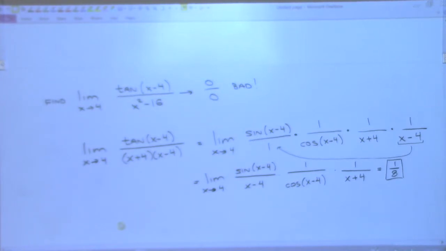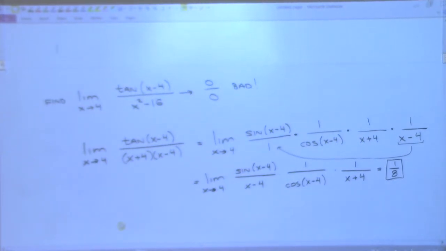I know there's one problem in the homework that's just a monster. Where is it? Oh yeah, this one. I think I do it in the homework, so I'm not going to do it here. All right, I'm moving on.